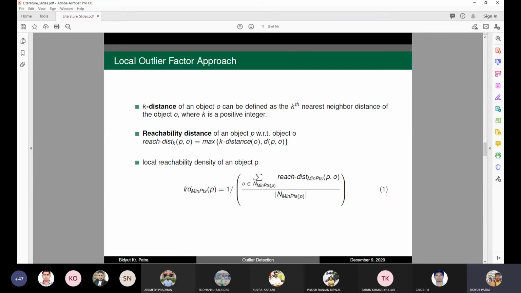Then we take the sum of all the reach distances and divide by the minimum number of points. As there is an inverse relation between density and distance, we have to take the inverse.